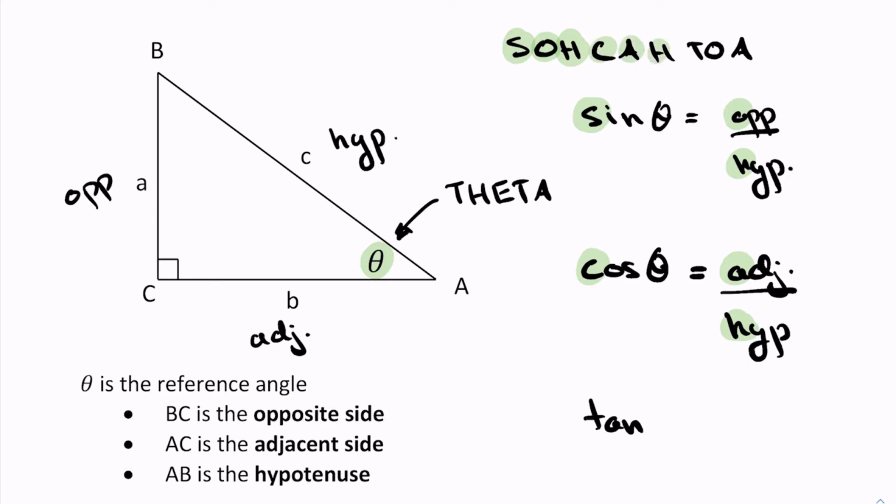There's the CAH, and then we have the TOA, and that's going to be tan theta is going to be opposite over adjacent. And that is the SOHCAHTOA mnemonic device and how it works. So that's a refresher.